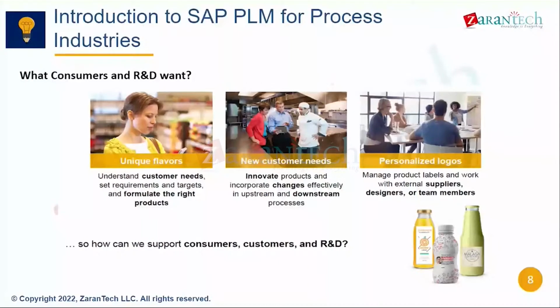So in SAP PLM, before coming to recipe development, you need to start with creating a specification, where you say I have X semi-finished product, X raw material, X intermediate products.